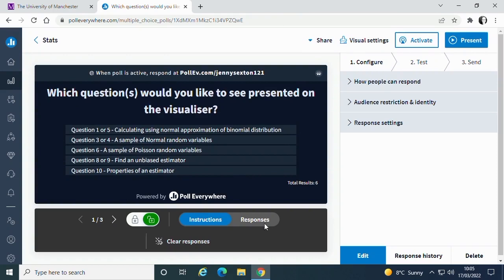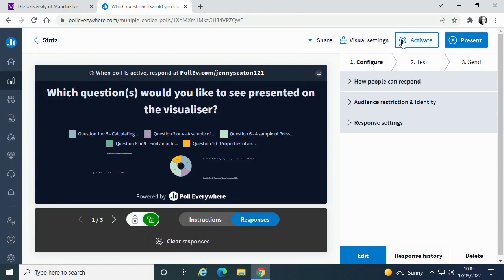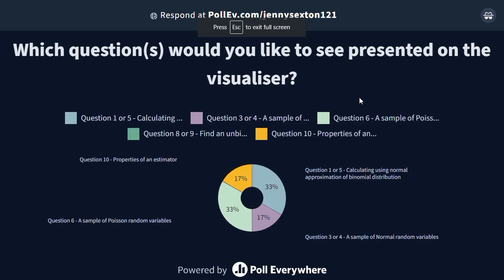Okay, so we've got just under half of you had a go so far, so let's have a look at where we're up to and see if anybody wants to change their mind about anything. So we've got quite a few people saying question 1 or question 5, about the binomial distribution and normal approximation, and quite a few people saying question 6 as well.